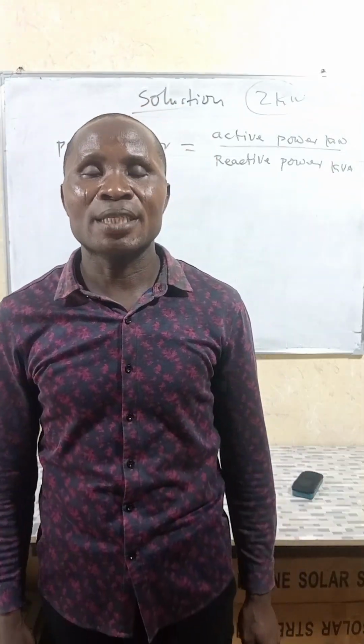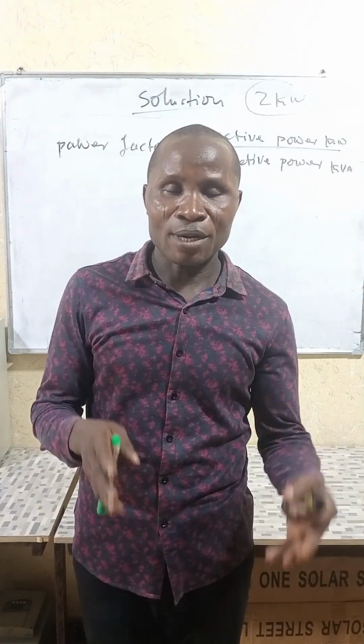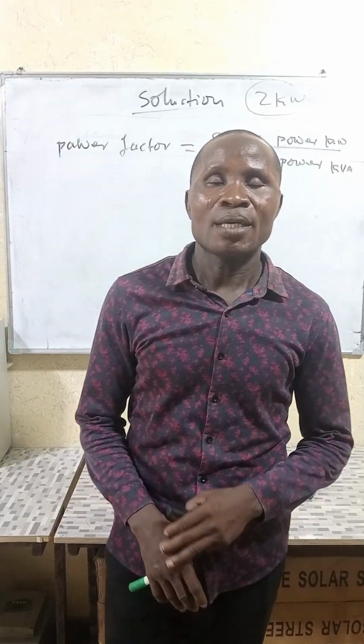These are the active power. The unit ranges from watts to megawatts. Watts, 100 watts, 200 watts. Once it reaches 1000 watts, it will change to kilowatts, then from kilowatts to megawatts. So that is the unit that we calculate it in.